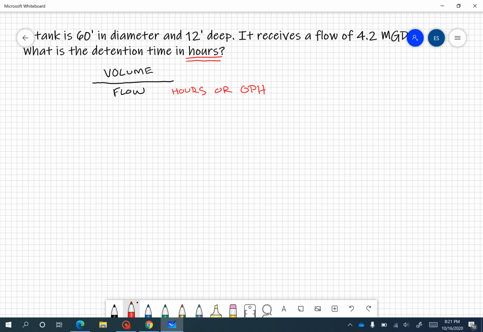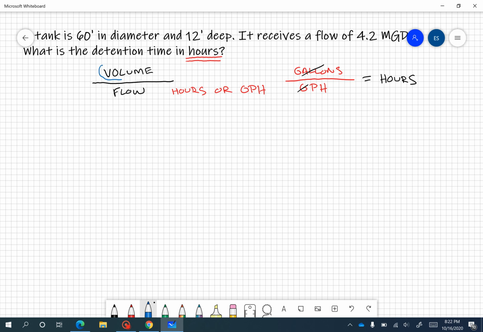When I'm done making my conversions, I'm going to have a number in gallons over a number in gallons per hour, and when my gallons cancel out, I'm going to be left with a detention time in hours. So let's go ahead and do this. First, we're going to calculate our volume.